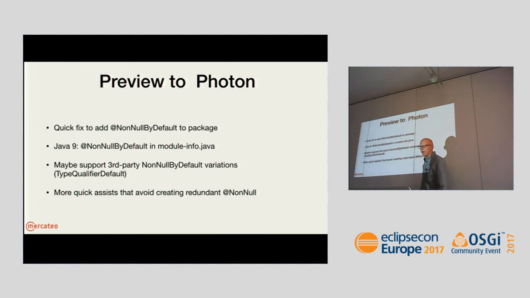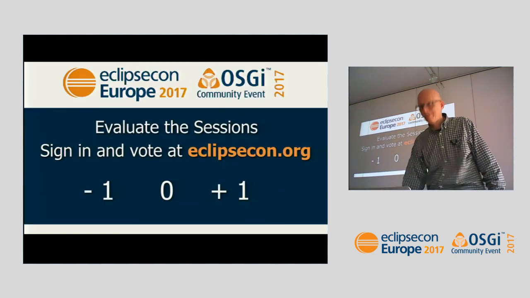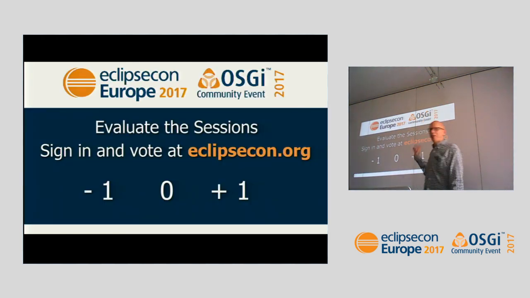We are discussing, no guarantee, maybe we'll support third-party non-null by default annotations. For example, Spring has one, which uses this type qualifier default. Not all quick fixes avoid generating non-nulls, but most of them do. Thanks. Sorry for the visual problem.